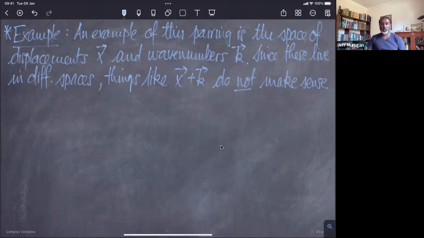Right. However, if you've done any wave mechanics or anything involving Fourier transforms, then you will see expressions like the following.